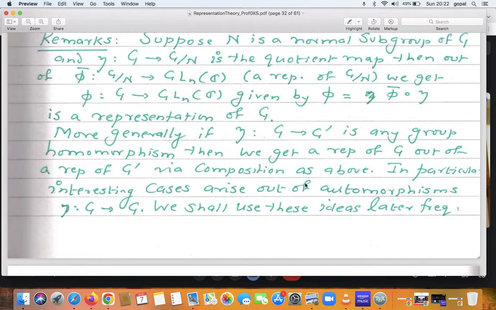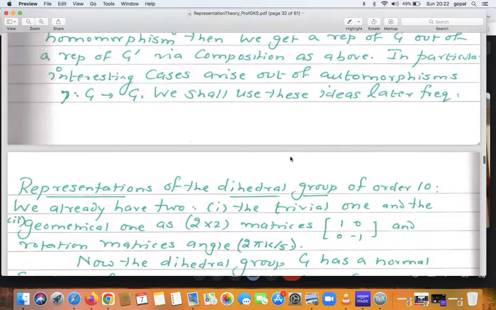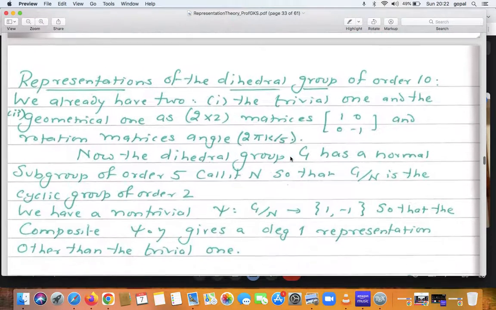This more general situation is also important because in many interesting cases you compose with an automorphism. What if this eta is an automorphism of G? Then again, via compositions, you can get a new representation. We'll use these ideas frequently later.